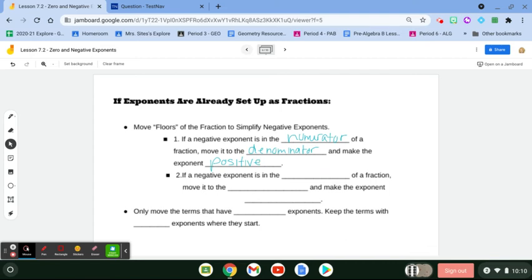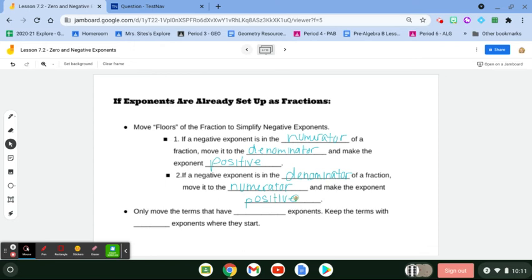All you would need to do is just move the floor. If a negative exponent is in the denominator of a fraction, move it to the numerator and make the exponent positive.